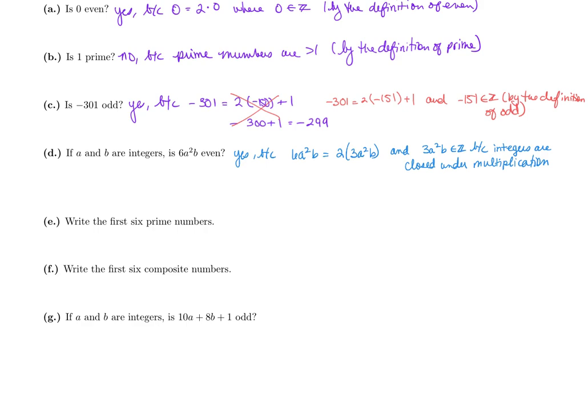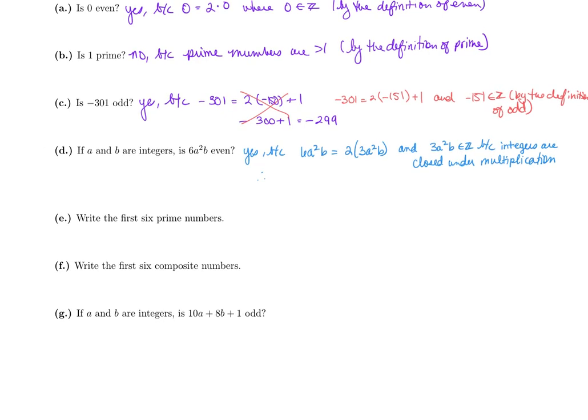That's the way we're going to say it when we start writing our proofs. Integers are closed under multiplication. So 3a squared times b is also going to be an integer. So therefore, 6a squared b equals 2 times an integer, and thus 6a squared b is even. And that's by the definition of even.